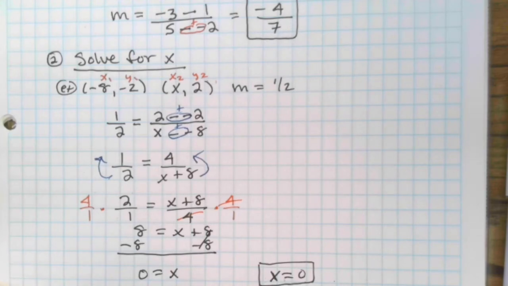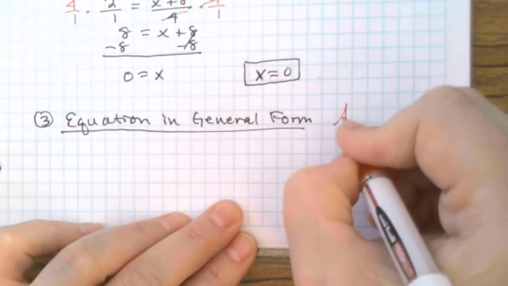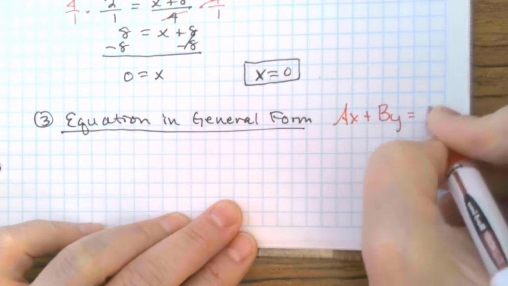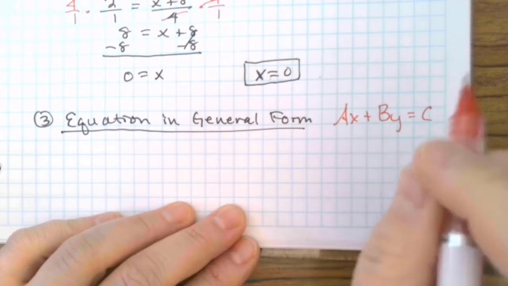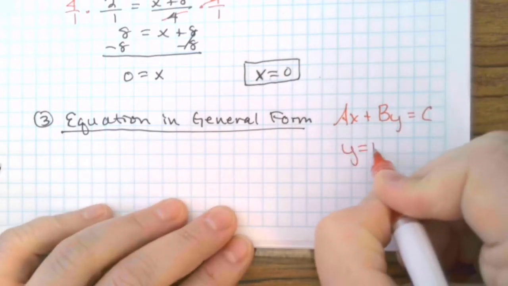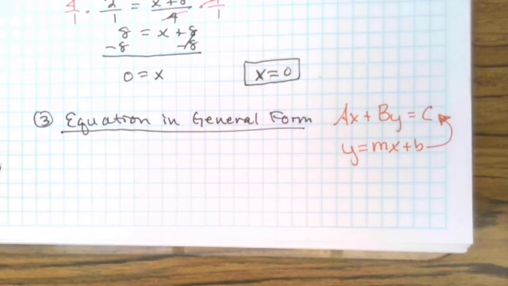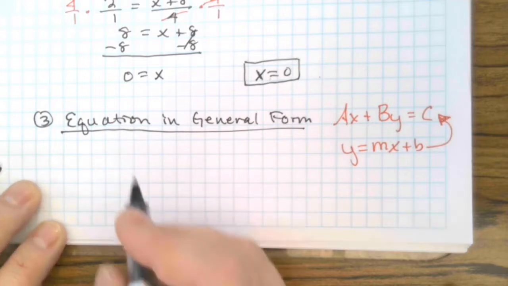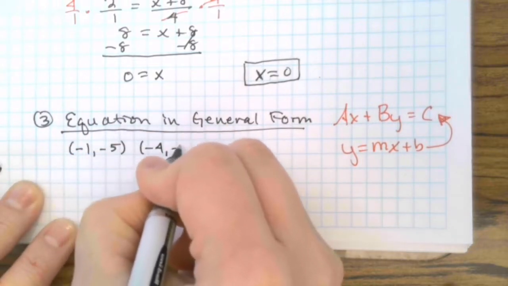And to remind you, general form of an equation is capital AX plus BY equals C. Typically what we do is we find the equation in point slope form, y equals mx plus b, and then we transition it to that form. So on this one, we're given the points negative 1, negative 5, and negative 4, negative 2.